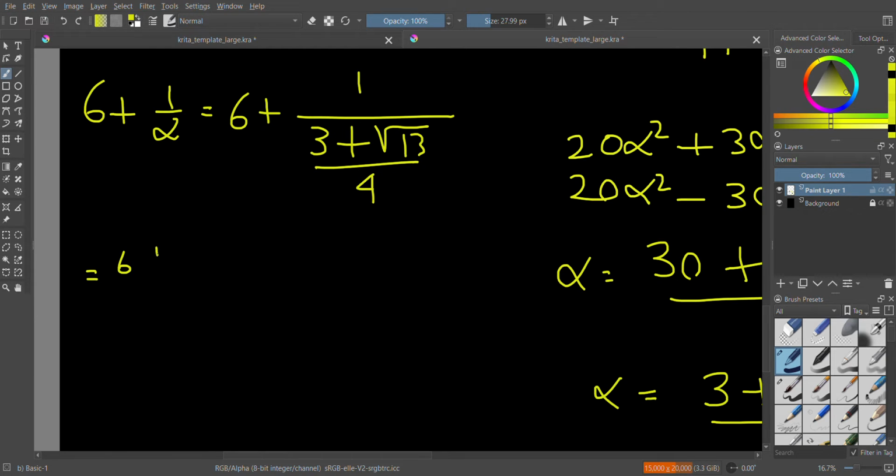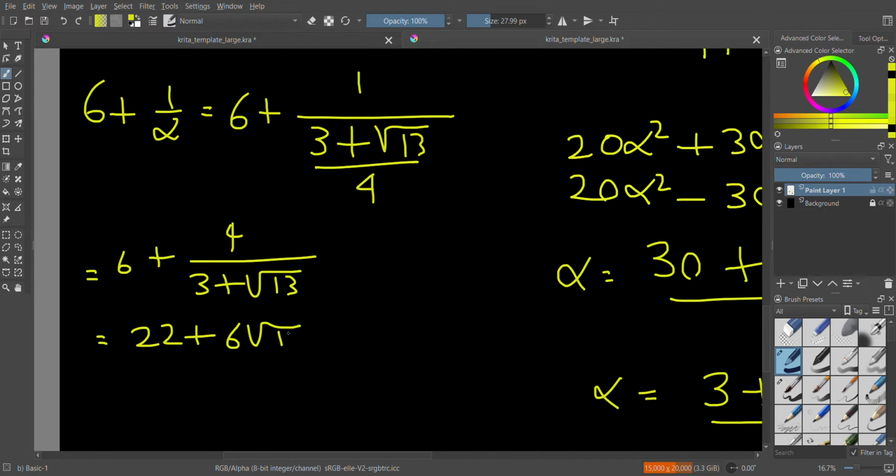Equals 6 plus 4 over, equals 22 plus 6 square root of 13 over 3 plus square root of 13.